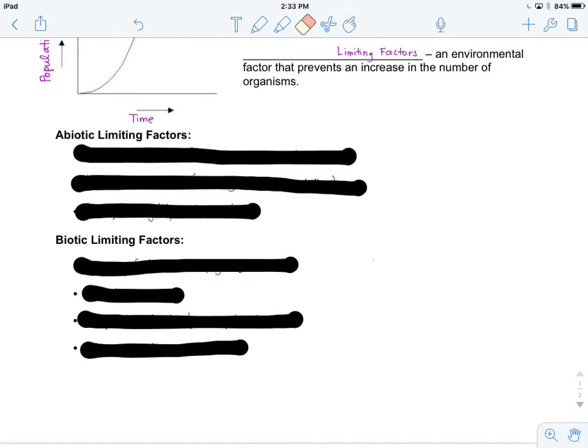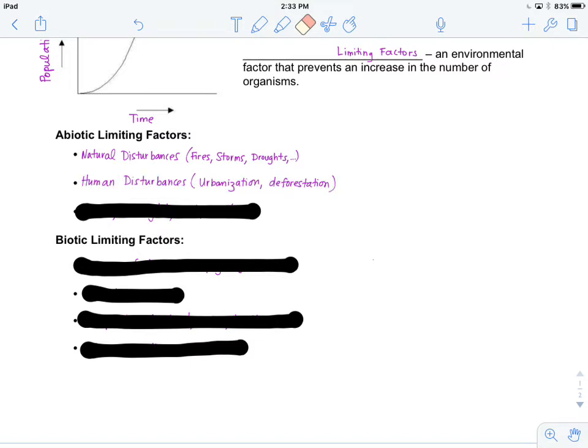Here are some of the things that are not living in an ecosystem, the abiotic factors that will limit the size of a population. Things like natural disturbances, right? So fires, storms, and droughts. These are going to limit populations. Human disturbances, deforestation or urbanization.